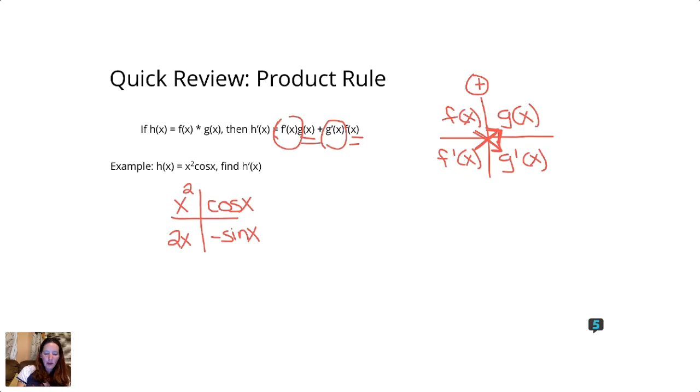So then to get my derivative, I would do criss, right? 2x cosine x plus cross. Now, obviously, I don't want those signs next to each other, so I'll clean that up. And that's it. That's my product rule.